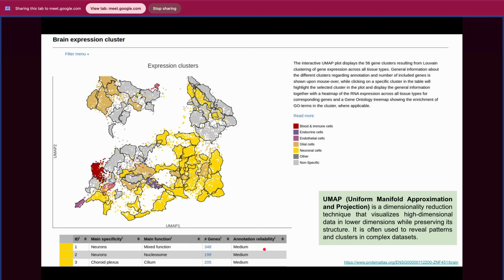There are some cases where annotation might not be accurate or there are some confusions with the annotation. In that case, it will be low. If it is medium, you can rely on this information, and it might also be high, which means that you can confidently accept this annotation. Similarly, you can also identify those genes which are expressed in the cluster in a particular region of the brain or particular cells. In this case, the cell level specificity information is given.